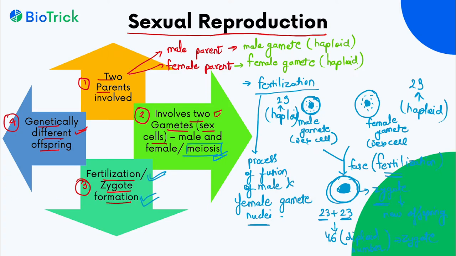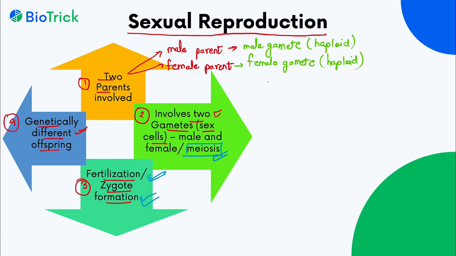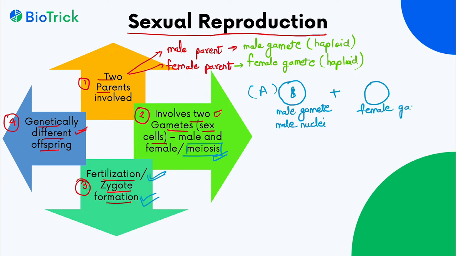Now, genetically different offspring. What does it mean? We have discussed that the male gamete, having a male nucleus, has some genes, some features. Suppose it has A features. The female gamete has a female nucleus, and let's suppose it has B features.